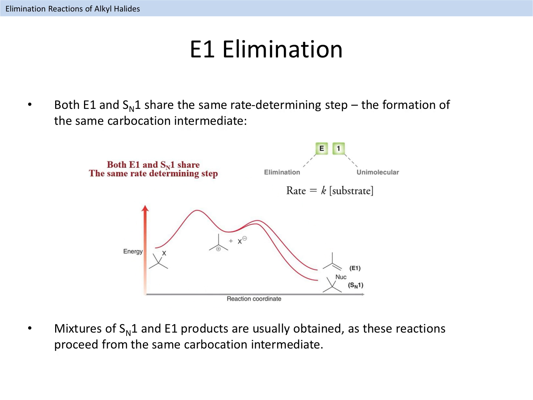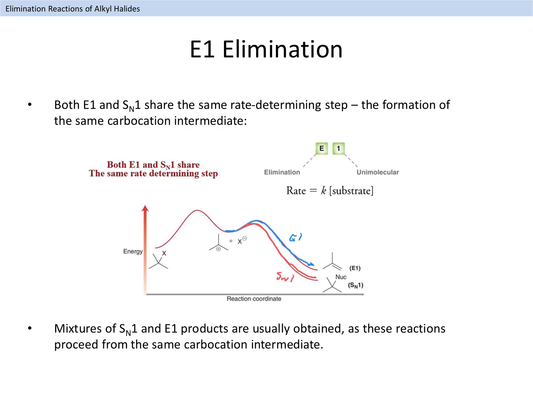Initially, the substrate loses the leaving group to form the carbocation intermediate. From this point, the reaction can proceed in one of 2 ways, either by elimination to form an alkene, which is the E1 pathway, or by nucleophilic substitution to form a different product, which is the SN1 pathway.